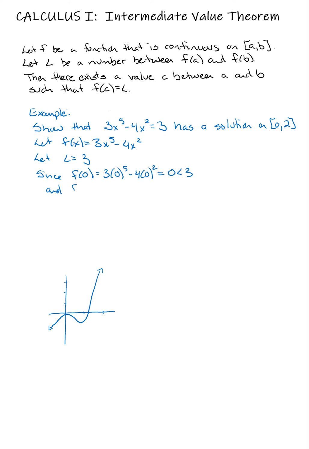And now let's take a look at the other endpoint, 2. Oh, this is going to be a bit bigger. Let's see, I think you end up with 80 there, which is quite obviously bigger than 3.